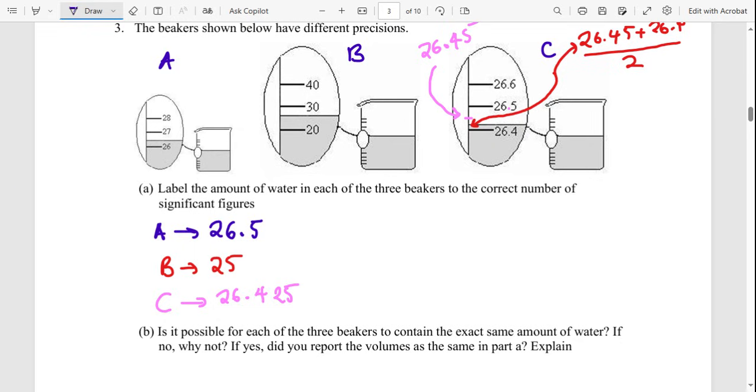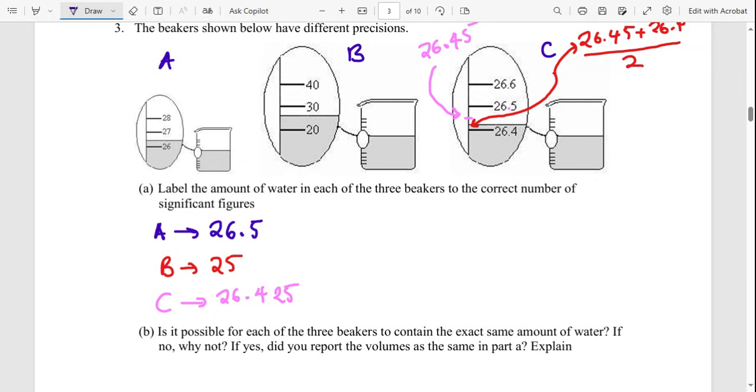Okay, they've got a different range of reading. So the thing is, this is possible. You can have the same amount of water, but the tricky thing is the way you are reading. The amount of water can be literally the same. You can use a different cup and pour into each one of these. It's the same amount of water. So is it possible for the three beakers to contain the exact same amount of water?